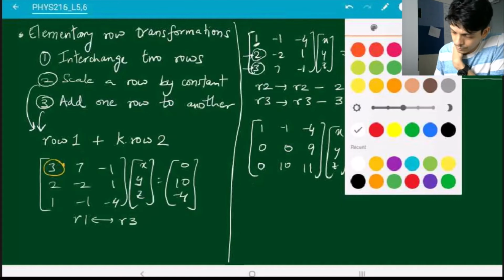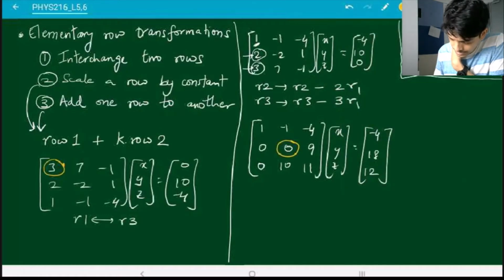First thing I want to do is make this 2 element equal to 1. Well, this is 0. I can't multiply 0 by any number to make it 1, so scaling is not going to work. What if I interchange these two rows again now? Then this 10 will go over there. Yeah, I think that's a good idea. Let's do that.